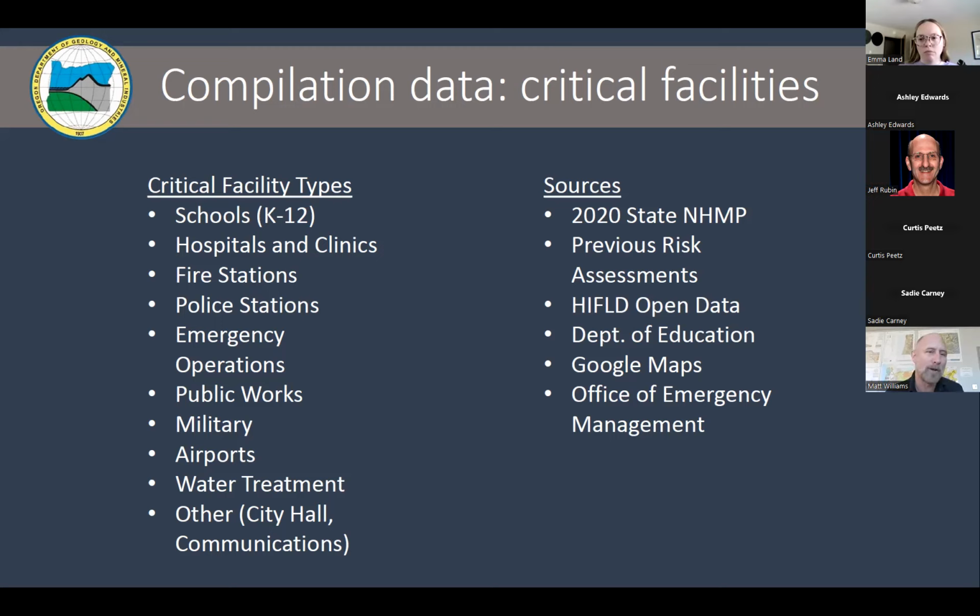I do waffle on that a lot when I'm doing a county risk assessment. I never really know exactly, but what I usually do, and we can't do it at the state level, is just ask the community, hey, can you send me a list of what you consider critical facilities, and I'll put it in there.